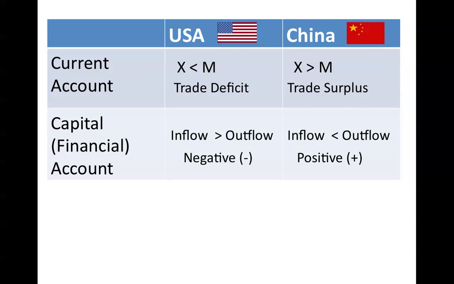So to resolve this, again, we see a balancing act that happens. As the United States runs trade deficits, China runs trade surpluses. The way that they balance these two things out and keep both parties equally happy or equally productive is that China is going to lend money to the United States in their capital account, their financial account. And this is going to give them that positive outflow.